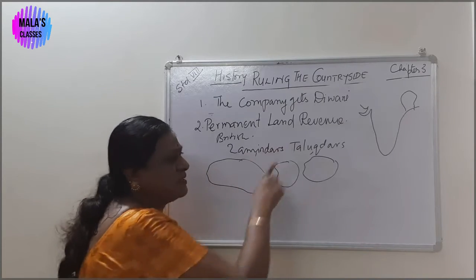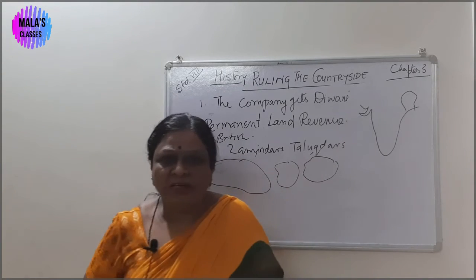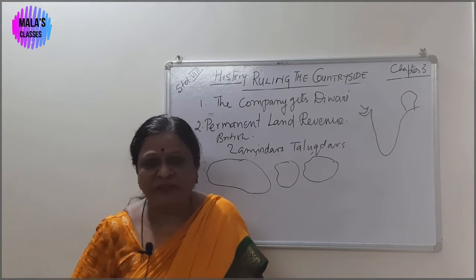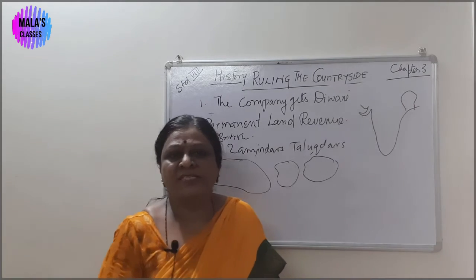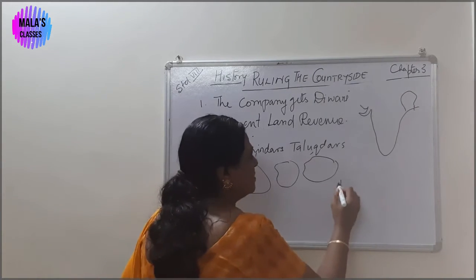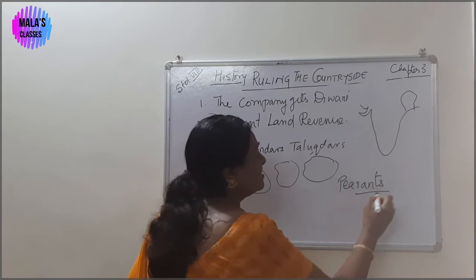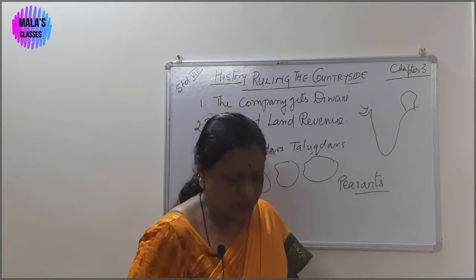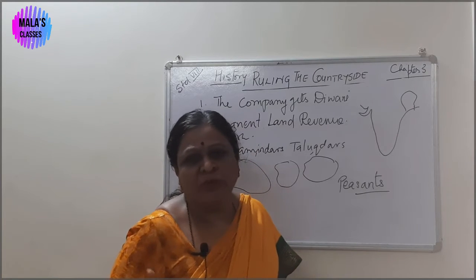Now zamindars and talukdars will not take the plough and go and till the field. They will have workers. Those workers were actually the peasants. So who were the people who actually worked on the farms? The peasants. Now how to encourage a peasant to work harder and give more money?